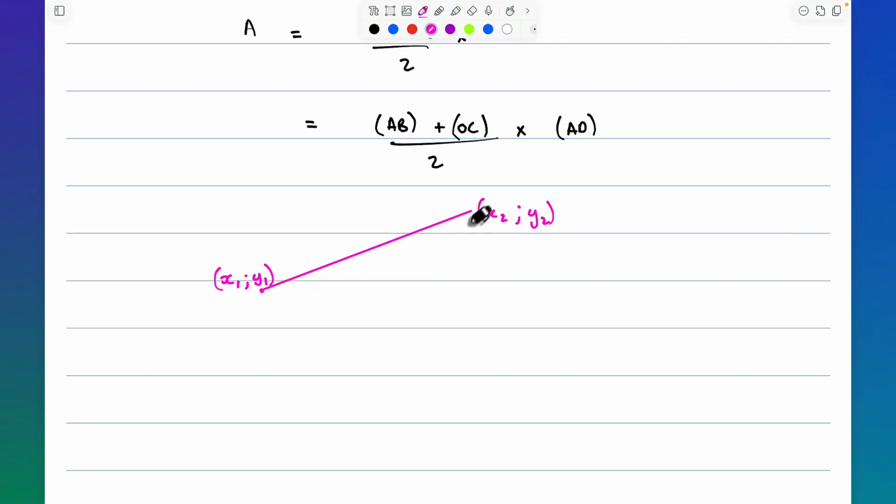So I have point 1 and point 2. In order for me to find the length of the line, which we'll call r, r is equal to the square root of, you find the difference in your x's. So your x2 minus your x1, you square that, and then you add the difference in your y's, y2 minus y1 squared, and you square root that answer. So this is the formula we're going to use.